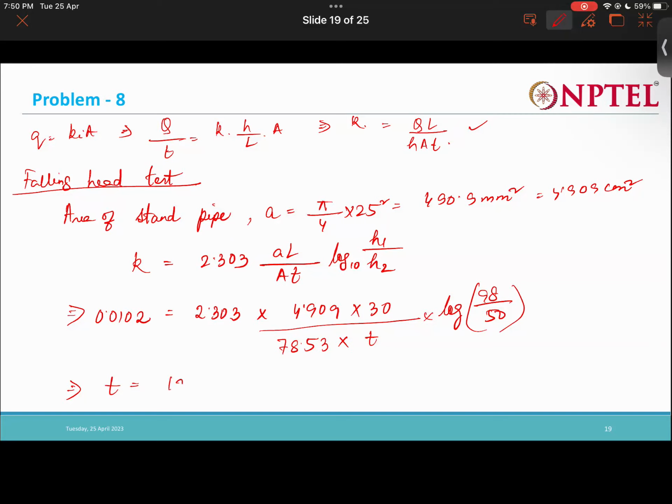Exactly 123.52 seconds. So in 123.5 seconds, the head will fall from 98 to 50 for the same cell.